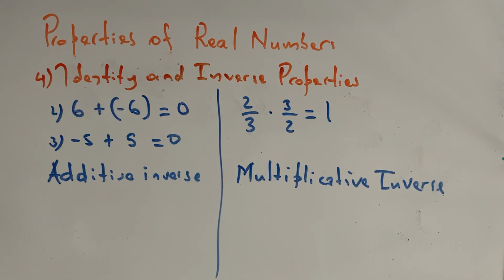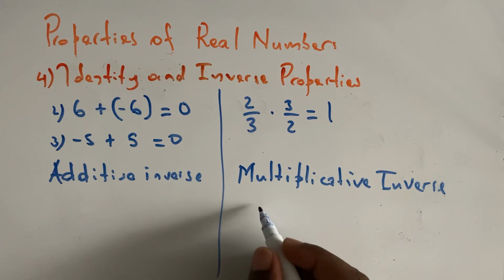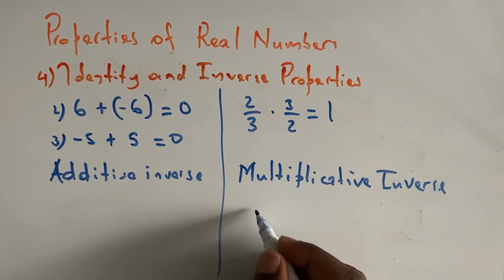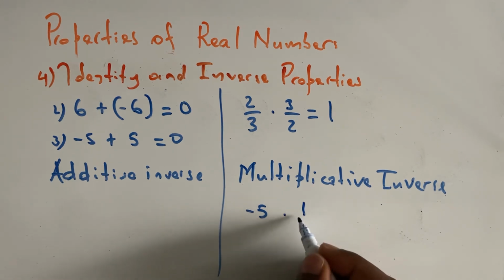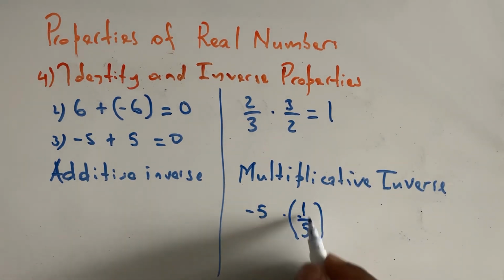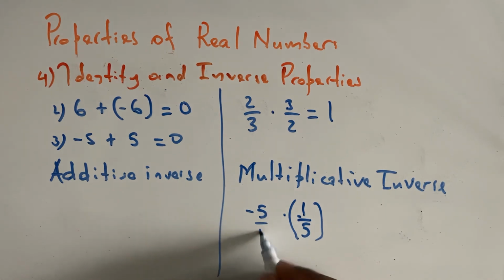It's very good to know, because once you multiply here, you get 1 as the answer. The same thing for something like negative 5 times negative 1 over 5. As you can see, this is the reciprocal of that, because negative 5 is just like negative 5 over 1.